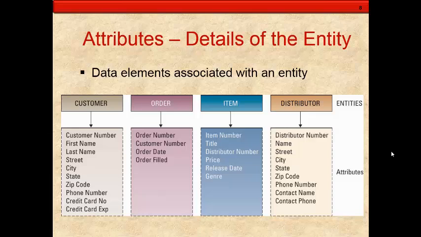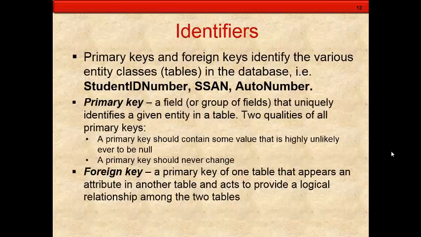Now there are several types of attributes that you'll read about, but one important attribute is called the identifier. The identifier is that unique attribute that enables you or a product or something to be identified.